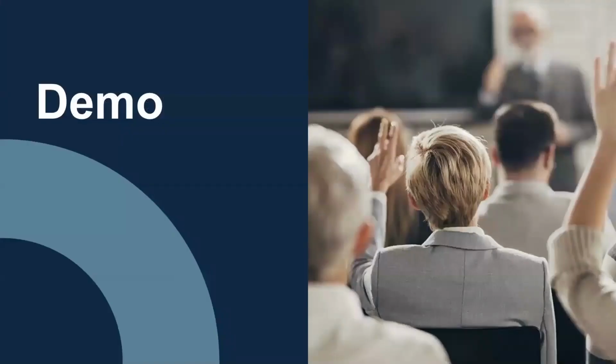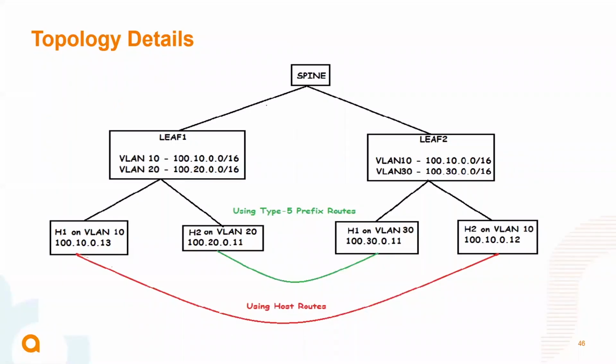So let's go into the demo. Before we get into the demo, I shall explain the topology being used. I have a spine and two leaves here, and there are two hosts connected on the same VLAN on the same network, 110.0.13 and 110.0.12. And there are two other hosts on disjoint subnets. Basically, one is on VLAN 20 and the other is on VLAN 30.